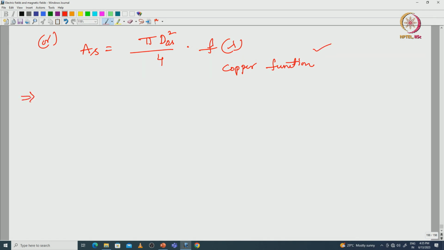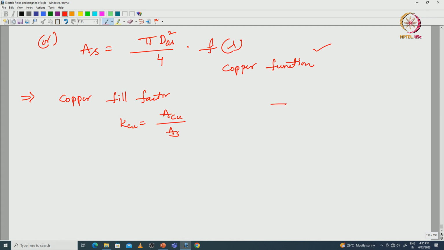The next thing is slot fill factor or copper fill factor. Copper fill factor KCU is equal to area of the copper divided by total area of the slot.